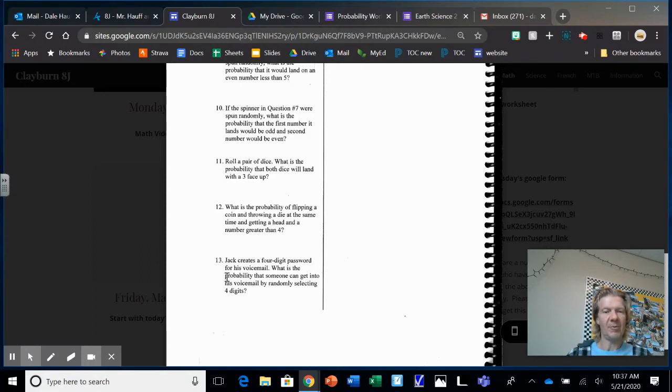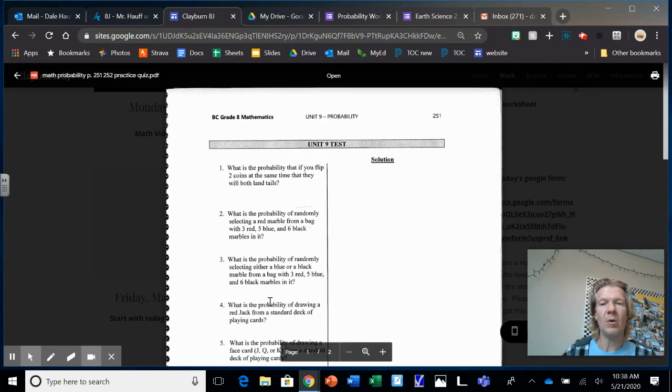So if I have the numbers 0 to 9 each time, there's 10 digits, right? So there's 10 options for the first number, 0 to 9. And there's 0 to 9 for the second one, and 0 to 9 for the third one, and 0 to 9 for the fourth one. So there are 10 times 10 times 10 times 10 possible outcomes, and only one of them is the right one. So that's the whole practice quiz.